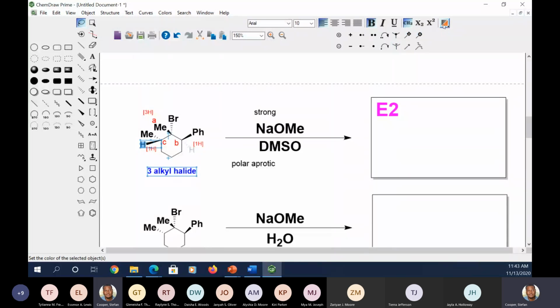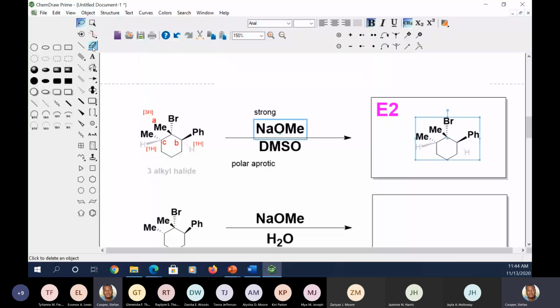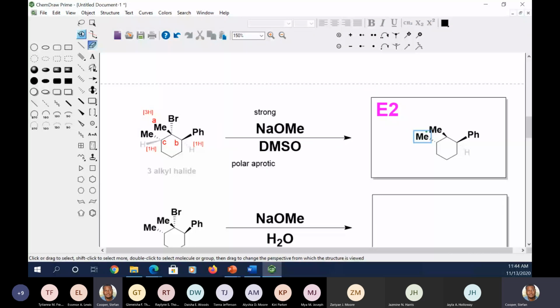All right, I'm going to ask you guys to try this mechanism for yourself. All right, but my final product should look like this.